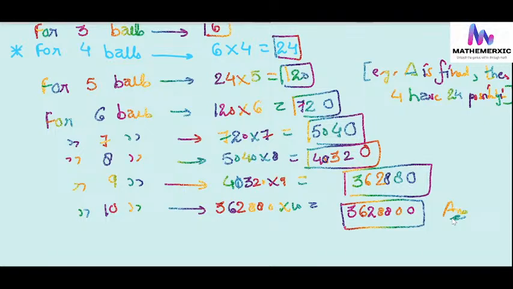It's a very unique way of writing. This book is written in a very unique way. For 10 balls, we have 120, 6, 7, 8, 9, 10. That's correct. This answer is correct. So this question is done.